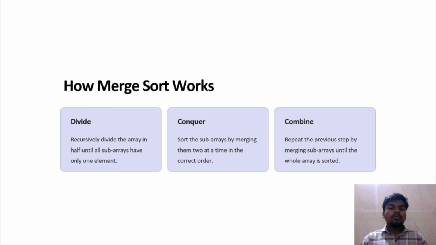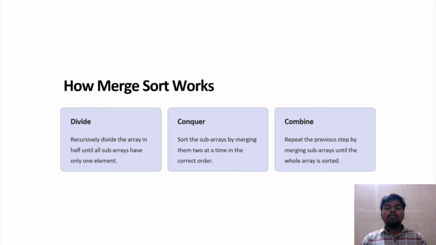Now, how does merge sort work? Merge sort works on the divide and conquer method. Here, it divides, conquers, and later combines the sorted arrays. In the divide step, it recursively divides the given array into halves until all sub-halves have one element.